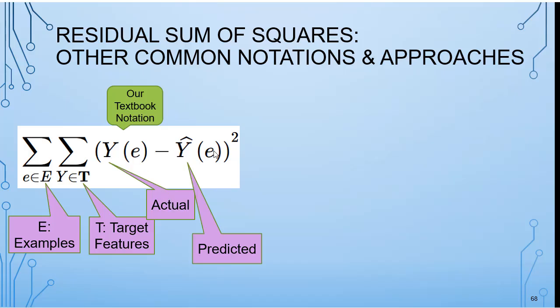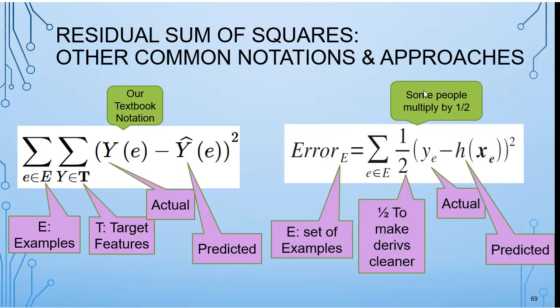So this is the residual, right, that we then square. And what are we adding up? Well, if we have multiple features, we need to figure out the sum of all those residuals over all those features, and also we need to go through all of the different individual data points, all the different examples.